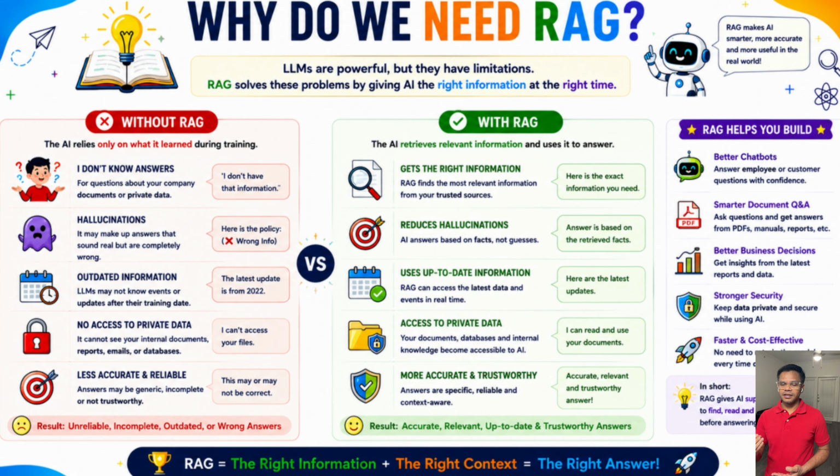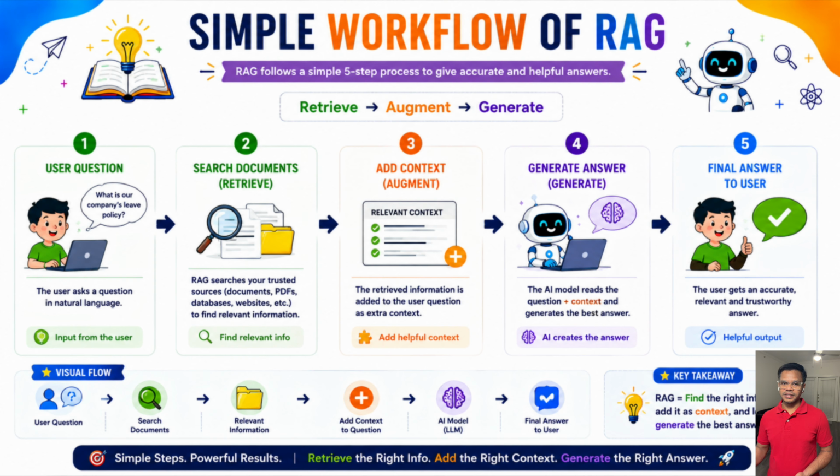So now let's understand how RAG works step by step. It starts when the user asks a question. Next, the system searches through the documents, PDFs, databases, or knowledge bases. It retrieves the most relevant information related to the question. That information is then added to the context.